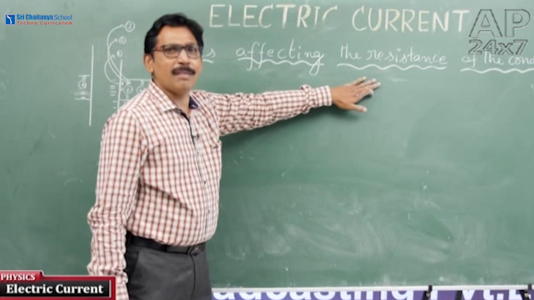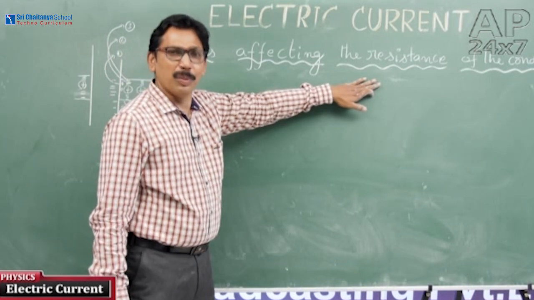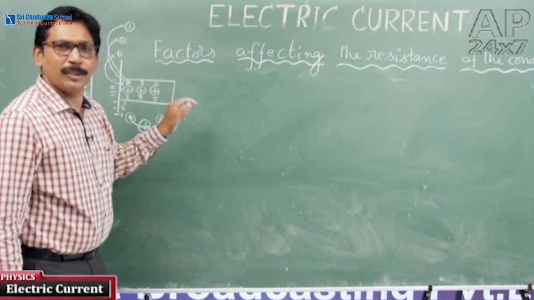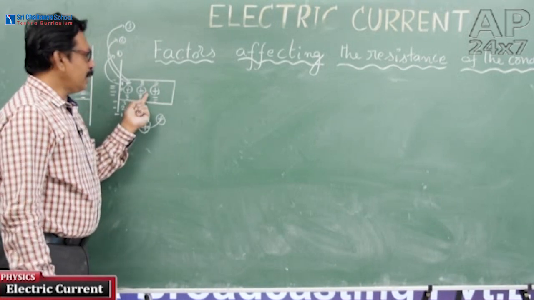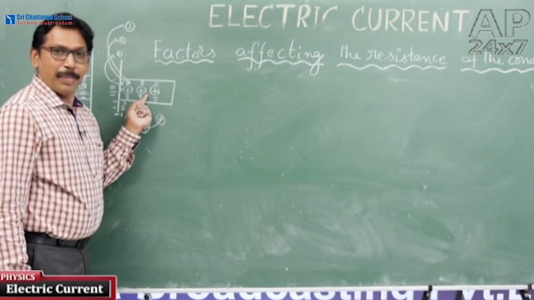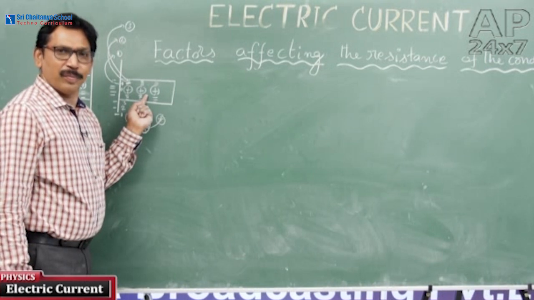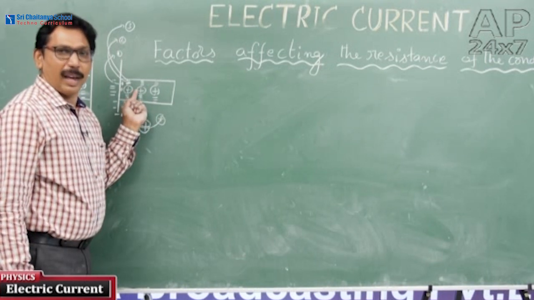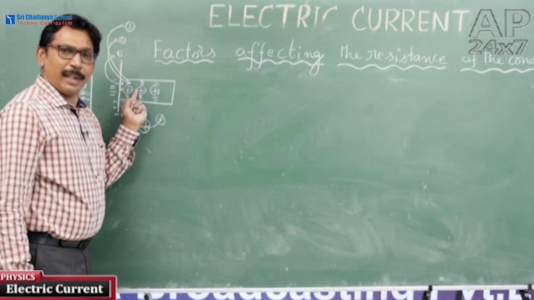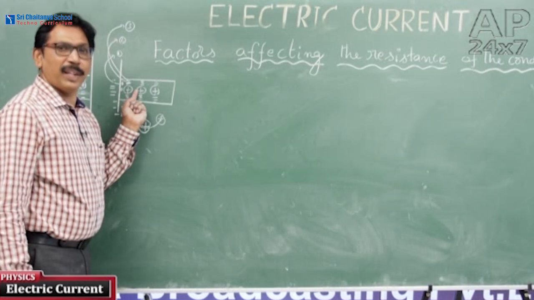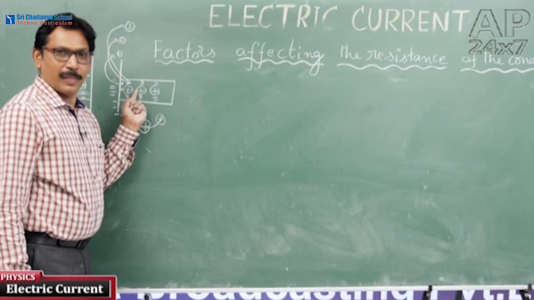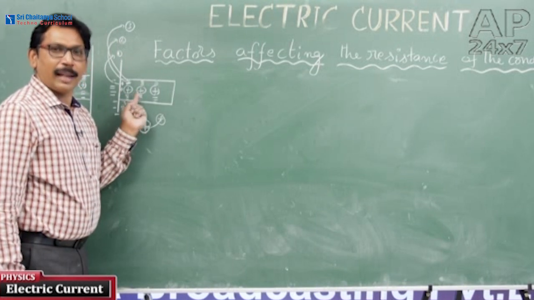To understand resistance, basically you have to know what is going on inside the conductor. Basically, the conductor consists of core ions which are surrounded by free electrons. See the diagram.